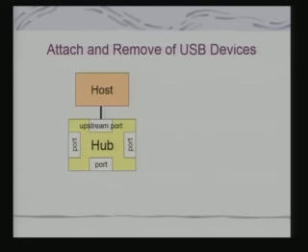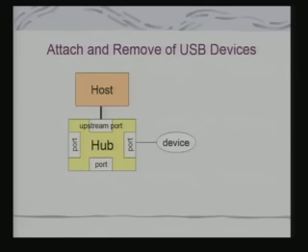Another aspect of the USB bus protocol is that of device identification. In the last class, we had talked about the concept of enumeration. A device can get connected to a hub. A hub is nothing but something like a bridge in a USB system.